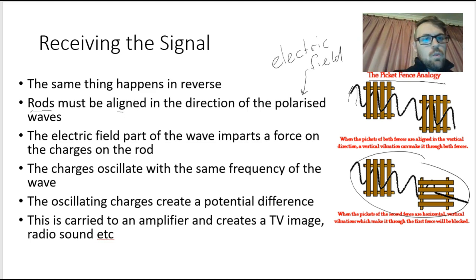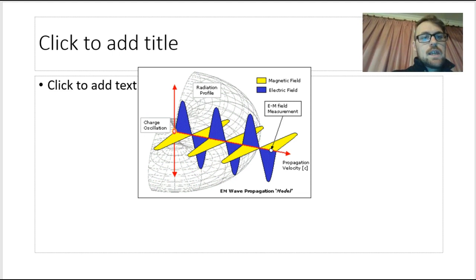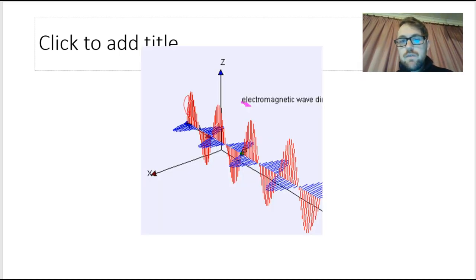So what that means is when we were looking up here at our profile, we've got our electric field in red. If we've created an electric field upwards in red, we have to receive it upwards in red.